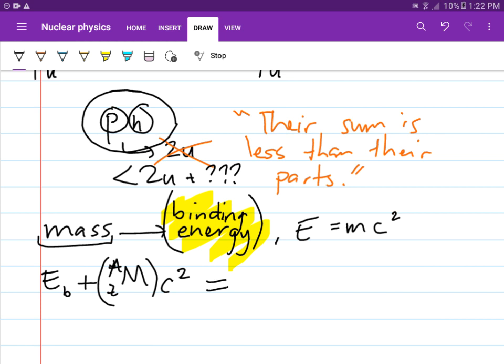So this is equal to the individual masses of the protons and neutrons.